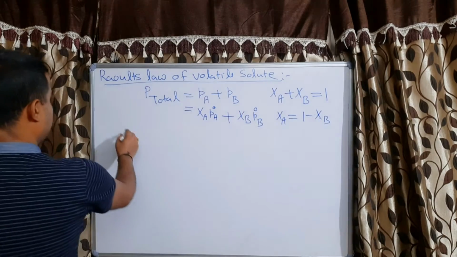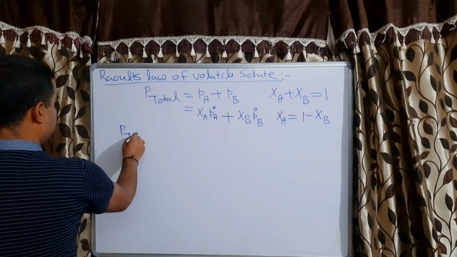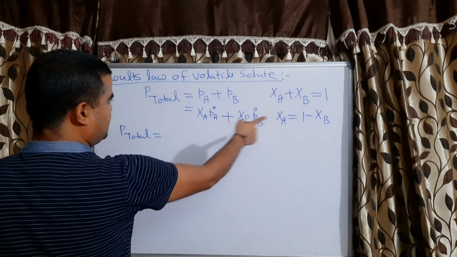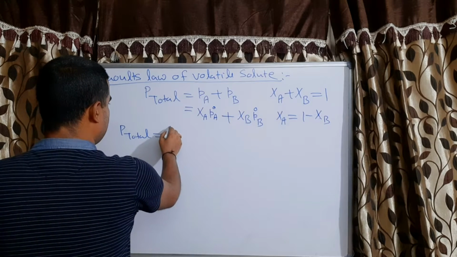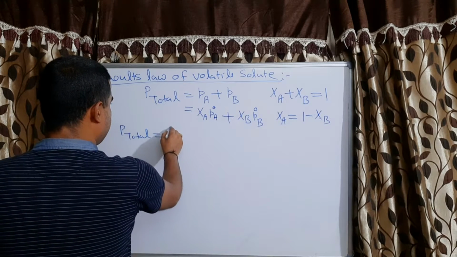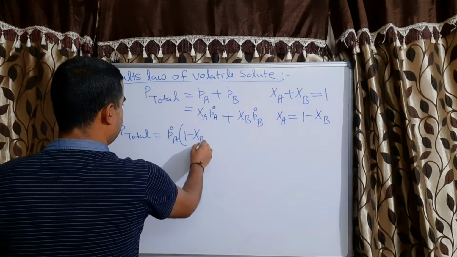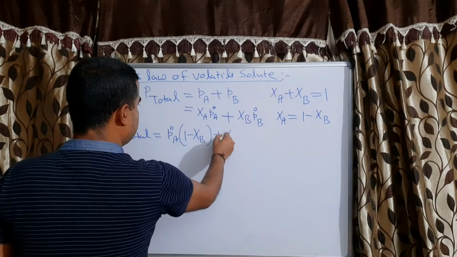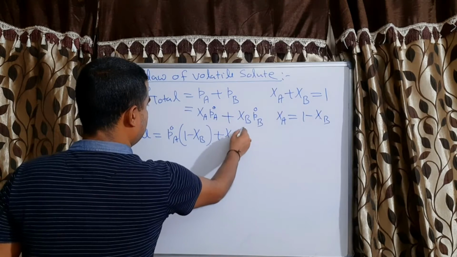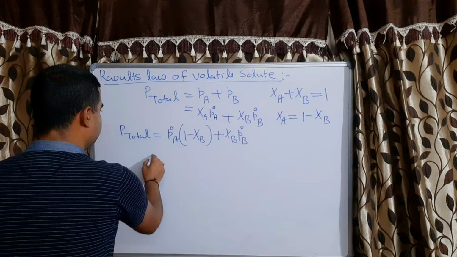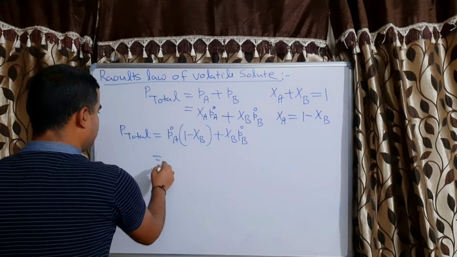So, P total will be equal to XA, which we take as 1 minus XB, times P naught A, plus XB P naught B, correct? Now, this we will multiply here.